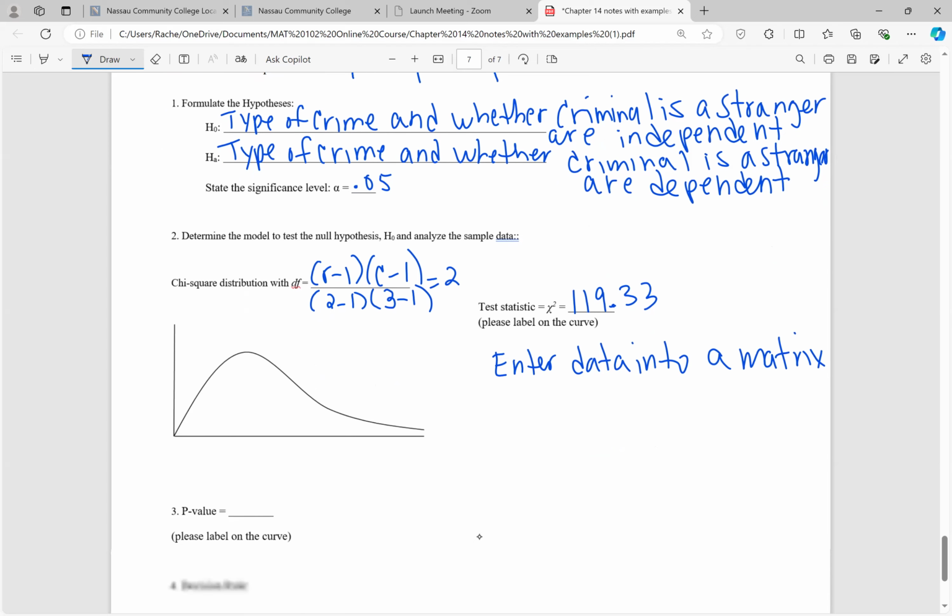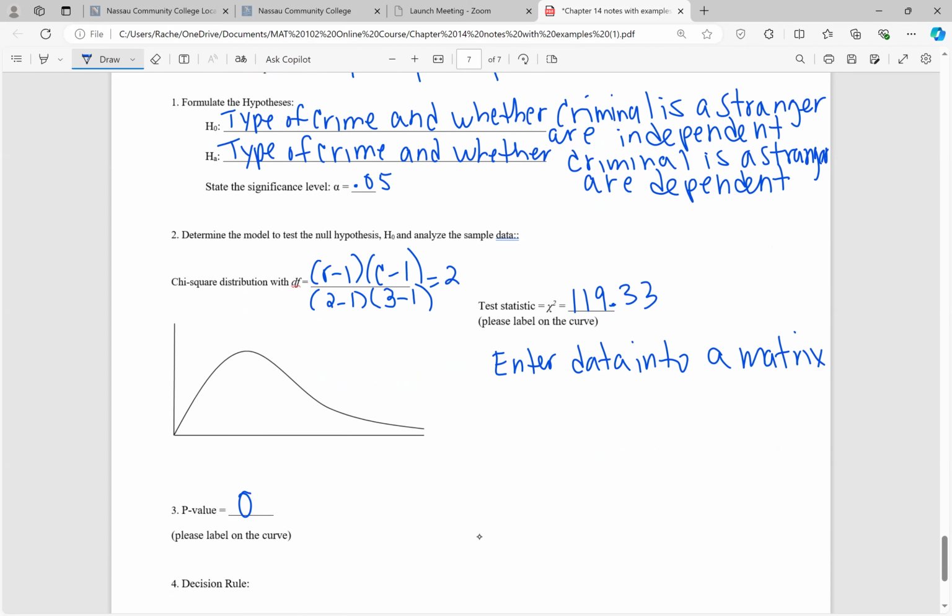The p-value we said is approximately 0. So let's label these on the curve. Chi-square is equal to 119.33. That's my test statistic. The p-value is going to be the shaded area to the right. And it's approximately 0. Very, very tiny p-value.